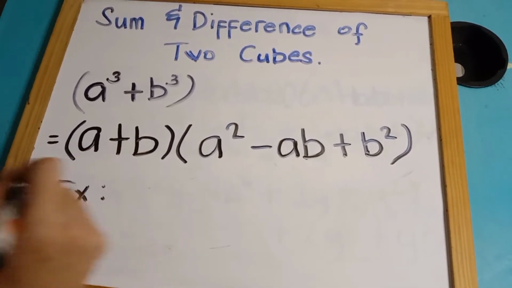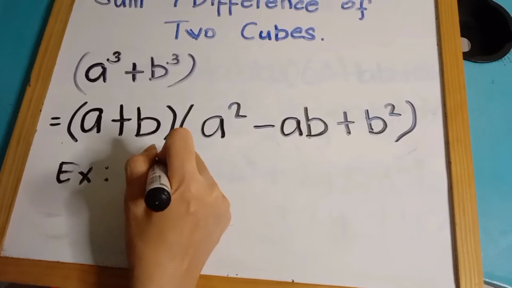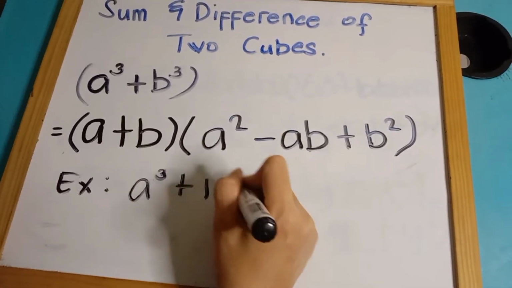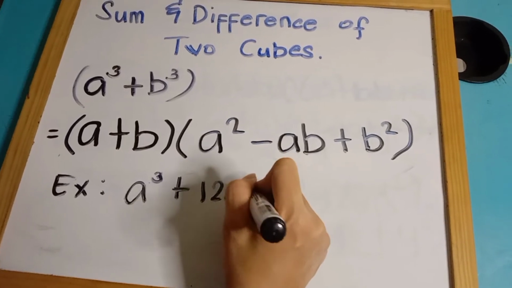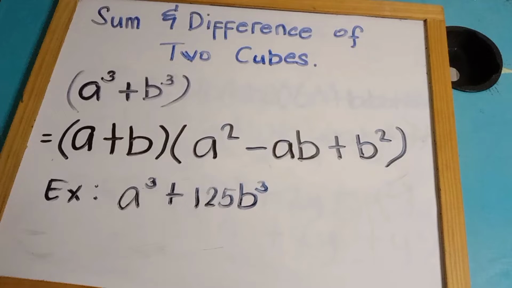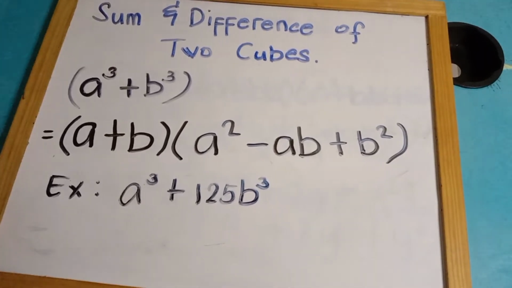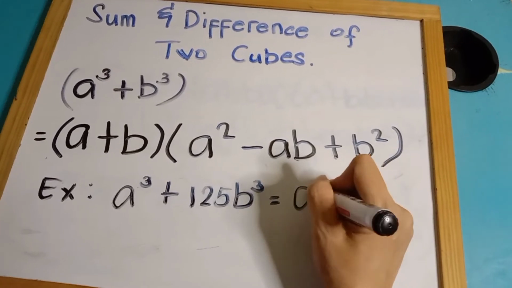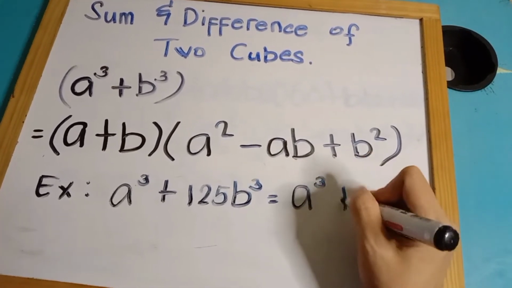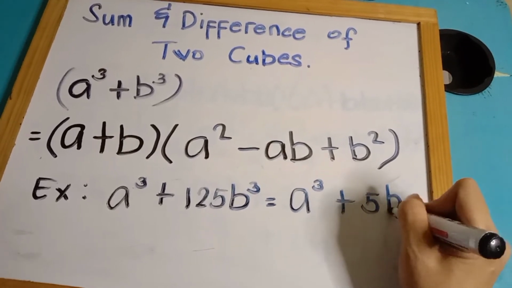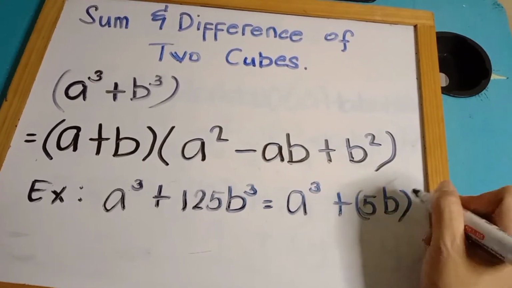Okay, so for example, we have a cube plus 125 b cube. 125 b cube can also be written as a cube plus 5b cube.